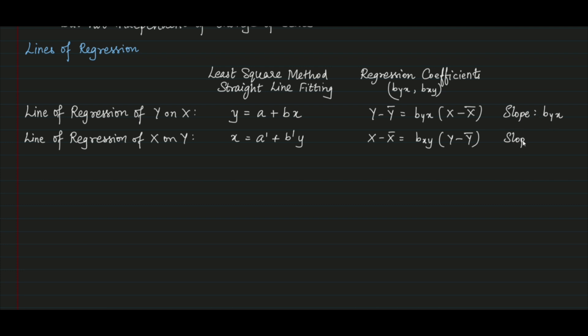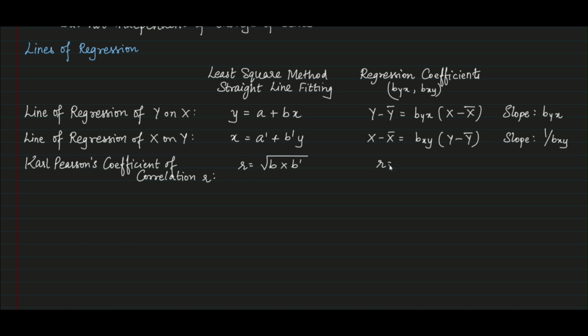Here the slope of this equation will be 1 upon bxy. Suppose someone asks you to find Karl Pearson's coefficient of correlation r. So r will be the square root of b into b dash. Here r will be given as the square root of the product of regression coefficients byx into bxy.